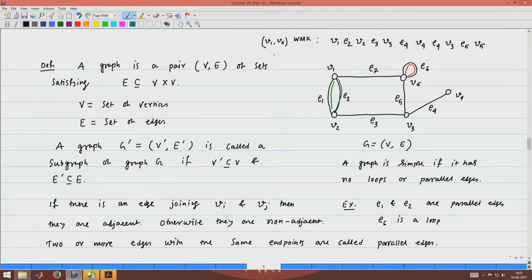Okay. Now, a V 1 V 5 trail could be like this: V 1, E 2, V 3, E 5, V 5.